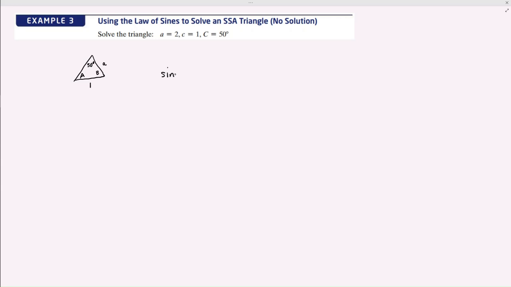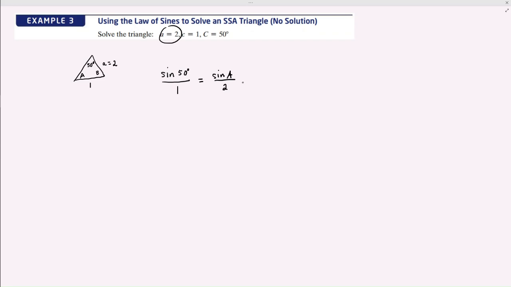So if I ask for the sine of 50 over opposite side 1, it should be equivalent to the sine of A over its opposite side 2. Okay, so a equals 2.